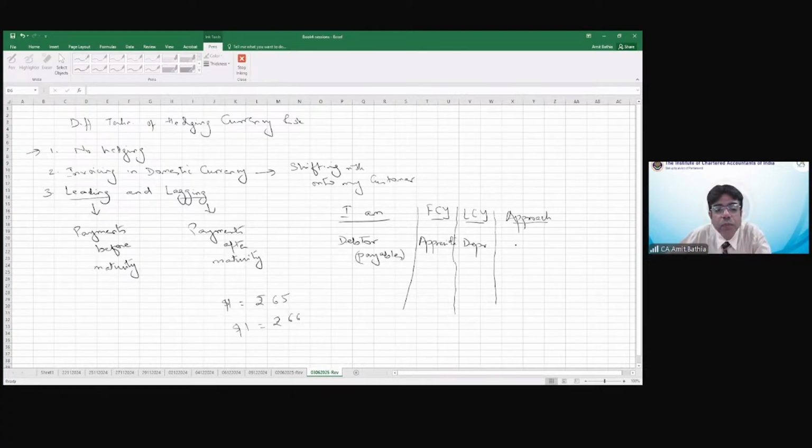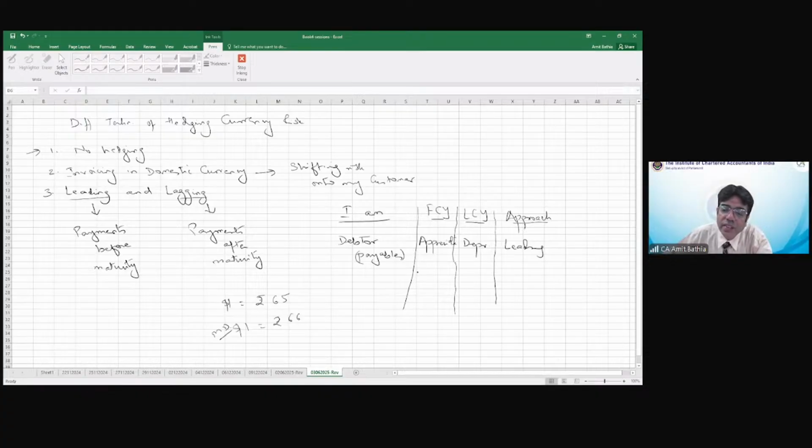So which is a better approach for me, to pay early or to delay the payment? If I pay today, I will have to pay only 65. If I pay after, say, 1 month, when my obligation is actually due on the maturity date, then I will pay 66. So my approach will be to pay today. What is the underlying principle? My outflow will be lesser, right?